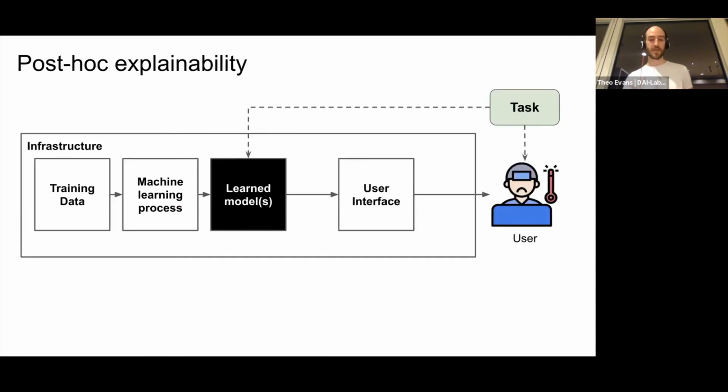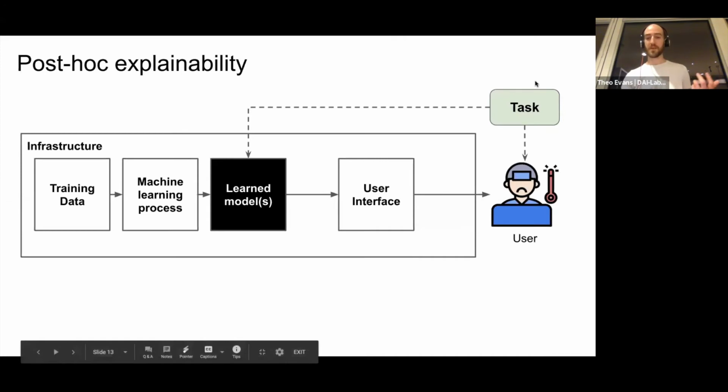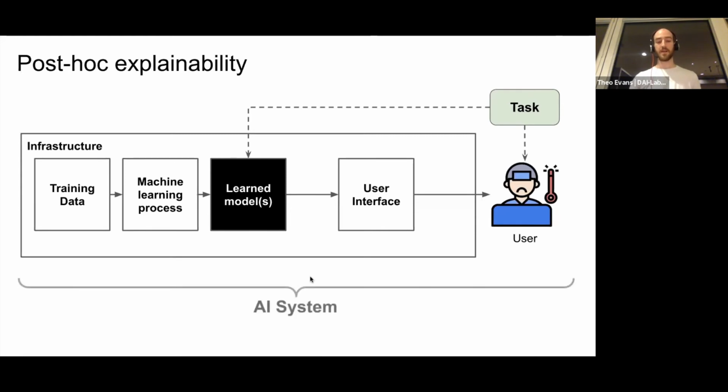So the class of explainability approaches that we tend to focus on within diagnostic pathology are post-hoc methods. And to give a very rough sketch of how this works in terms of our AI system, we have our AI system infrastructure and a learned model trained by some training data that is in and of itself not interpretable. People talk about this in terms of black box models. I think this is a good way to think about this.